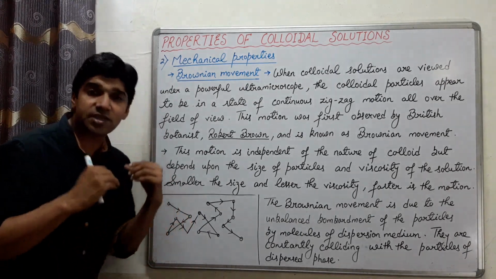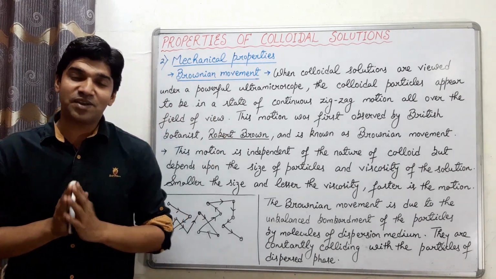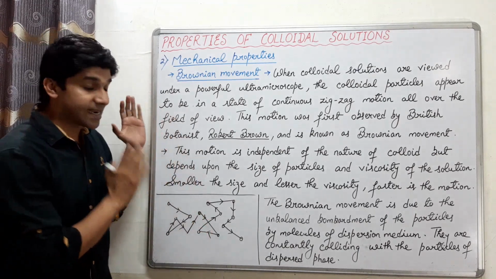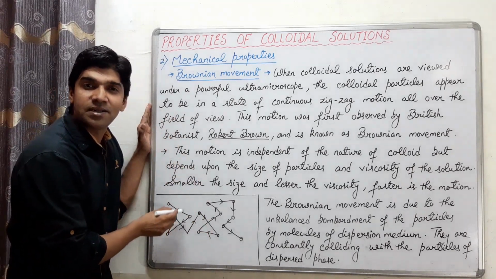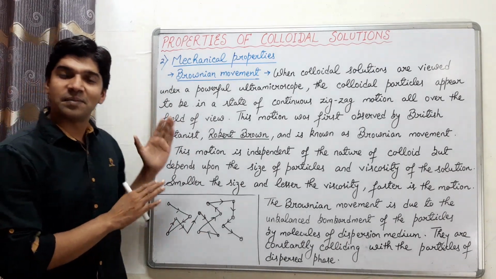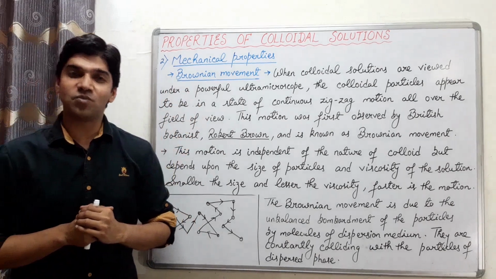So this continuous colliding of the molecules of dispersion medium with the particles of dispersed phase, that's the main reason behind the Brownian movement. Clear about this process, this property that is called Brownian movement.